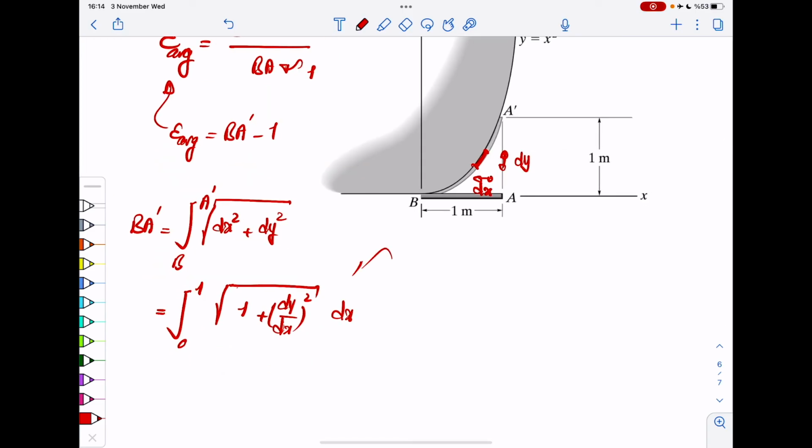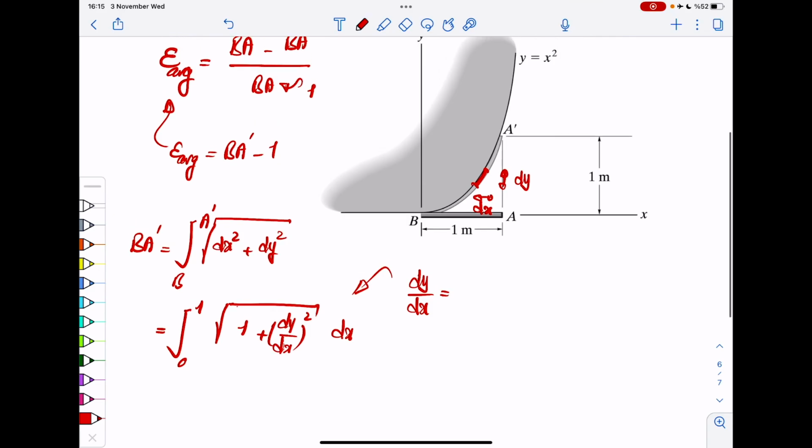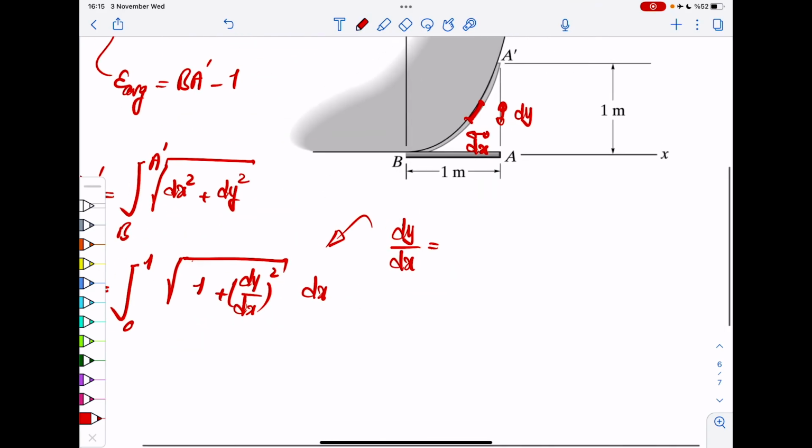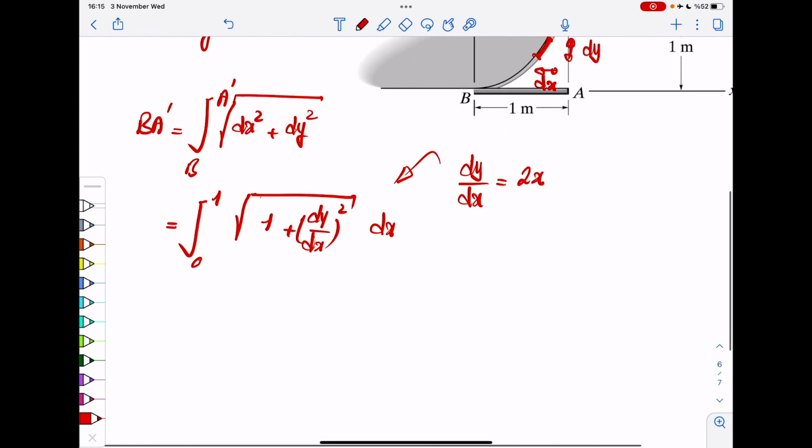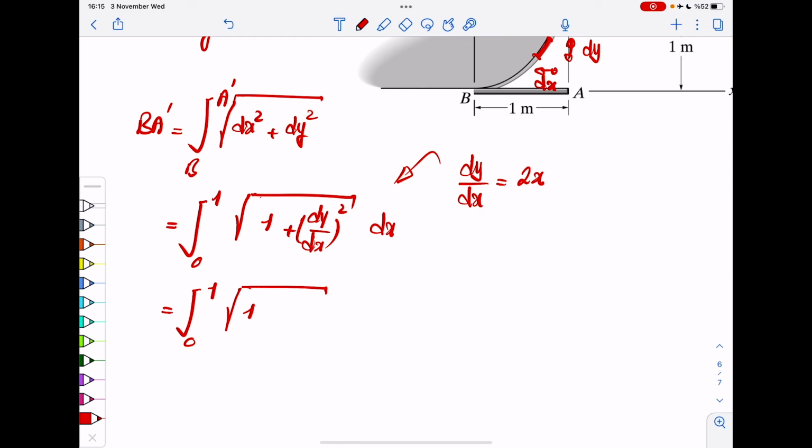And here, dy over dx is nothing but, y is x squared, so dy over dx is simply 2x. So this integral is simply integral from 0 to 1, square root of 1 plus 4x squared dx.